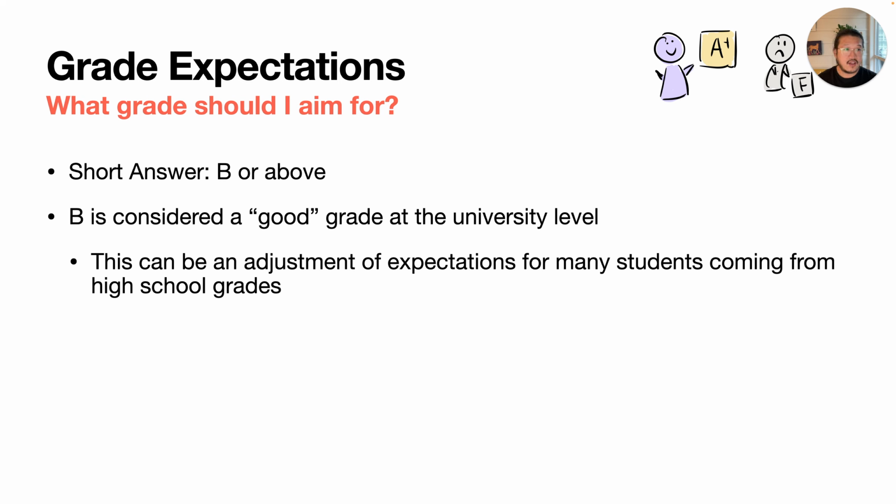And we understand this can be an adjustment for many students, recognizing that the entry level for high school grades is basically A and above for you to get into Lausanne. But every one of you has that as entry, so it's not going to happen that everybody gets A's.